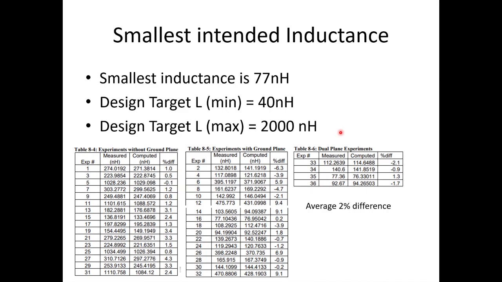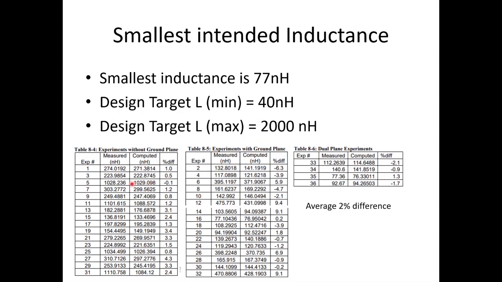So we go through the experimental data that we are going to reproduce, and we go through all this data. We find out that the smallest inductance we measured was about 77 nanohenries. So we're going to have our design lower limit for our CRIM handle 40 nanohenries, just to go a factor of 2 beyond that.